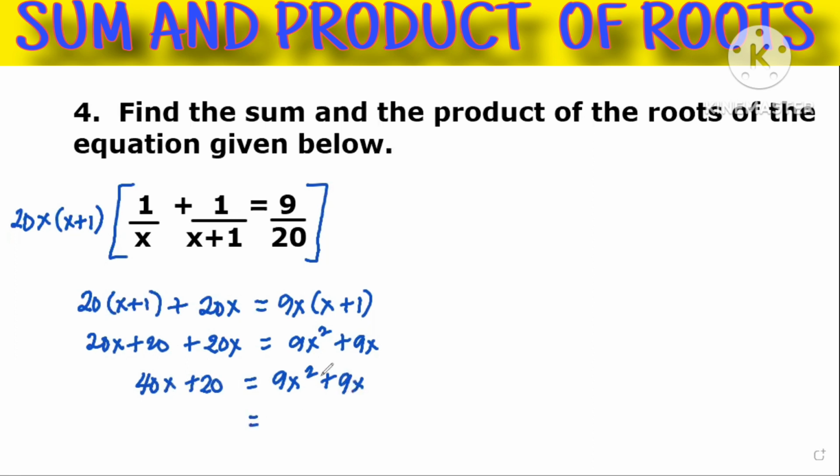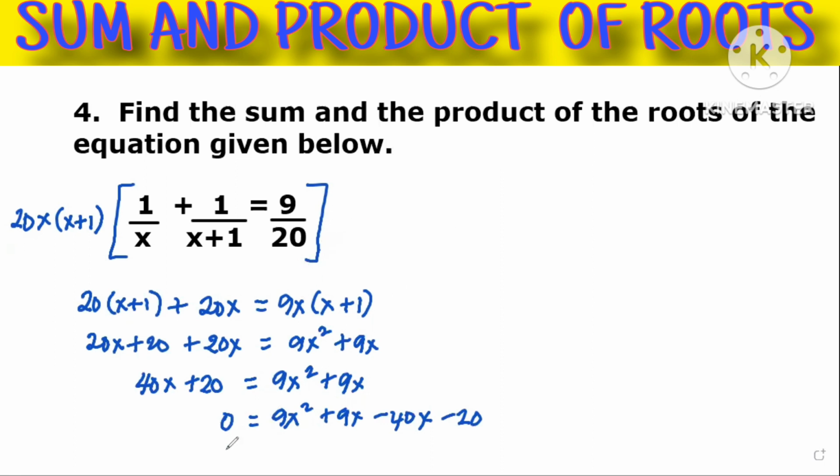Transposing 40x plus 20 to the right side of the equation, we have 9x squared plus 9x minus 40x minus 20 equals 0.